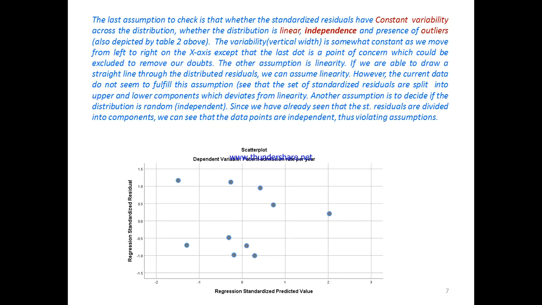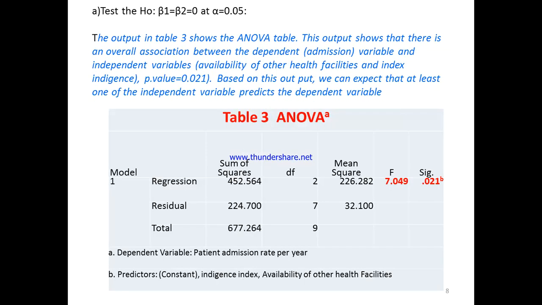In that regard, we don't see much problem here, except we have one outlier dot which seems to violate it. If we have a concern with that, then we can actually avoid the outlier, which violates the homoscedasticity of the distribution. Now, most of the assumptions are satisfied, and therefore let us interpret the result.